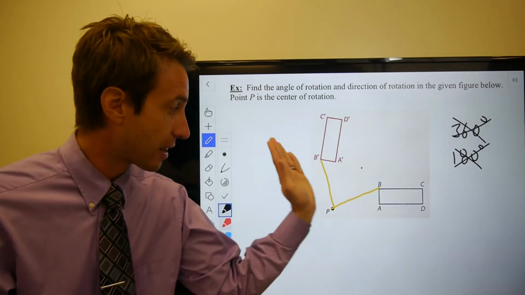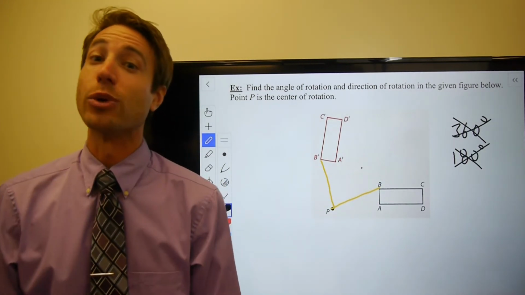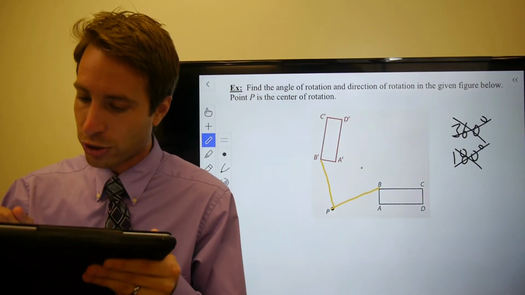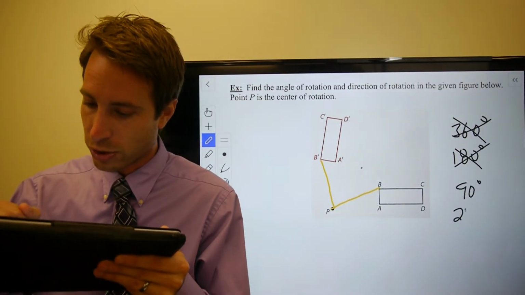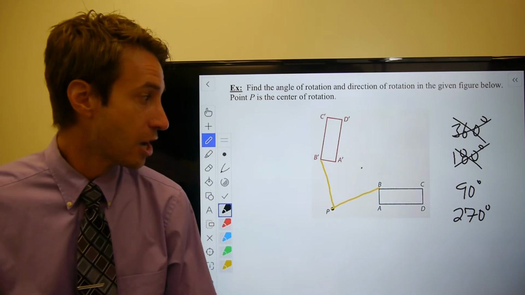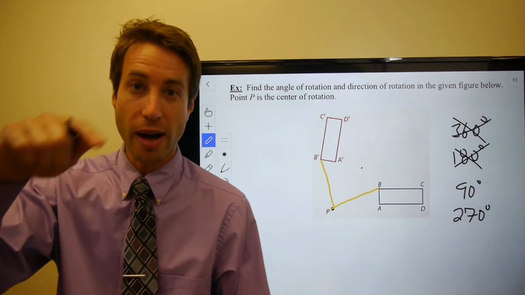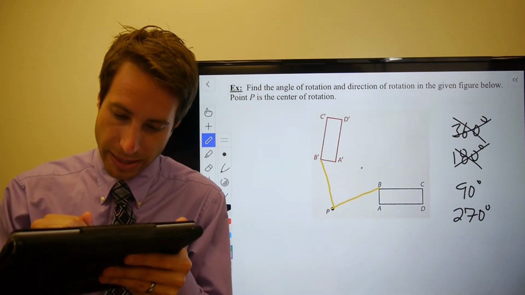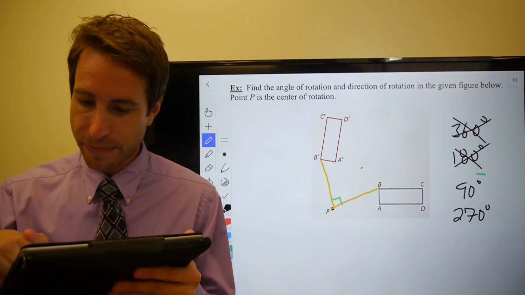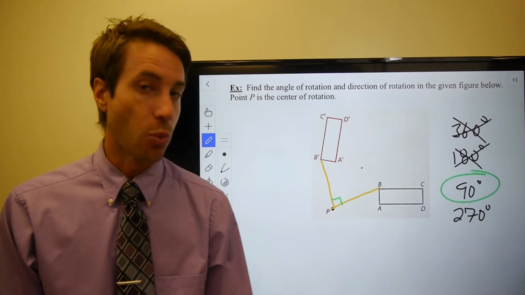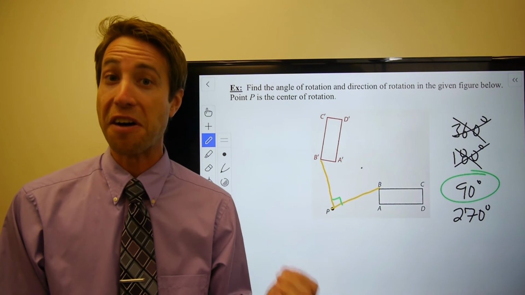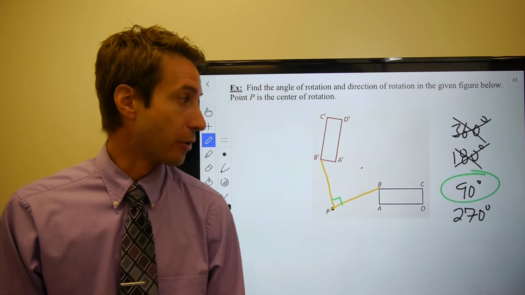I definitely don't have a straight line. It definitely makes an angle. So it's got to be either 90 or 270 degrees. Well, take a quick look at it. If you can draw that little right angle symbol in there, which I can, we've got ourselves our winner. This is an angle of rotation of 90 degrees around point P.